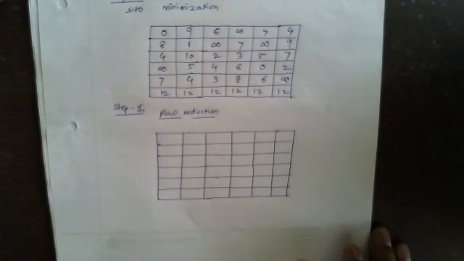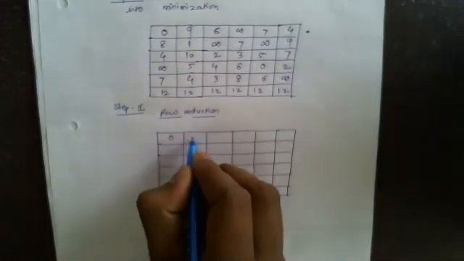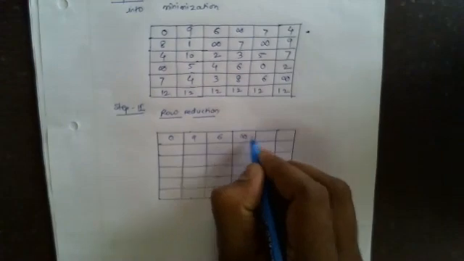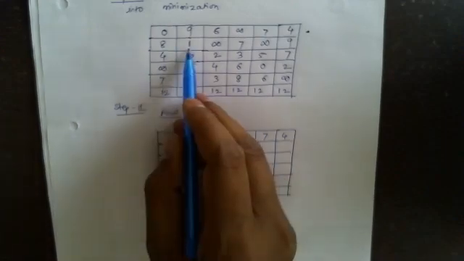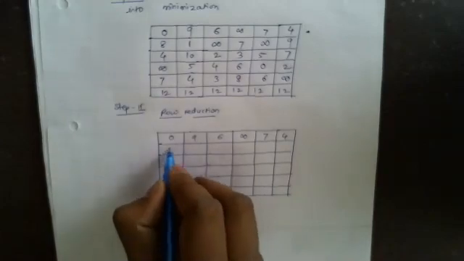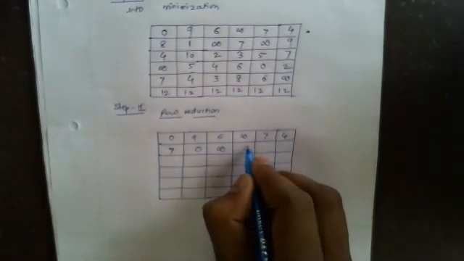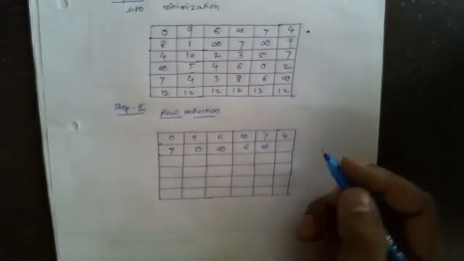If we subtract 0 from all other values, then the first row will not change. So I will write the first row as it is: 0, 9, 6, infinity, 7, 4. Now go for the second row. In the second row, 1 is minimum. So I will subtract this 1 from all other values of that row. Then 8 minus 1, 7. 1 minus 1, 0. This infinity will remain as it is. 7 minus 1, 6. This infinity will again remain as it is. 9 minus 1 gives 8.